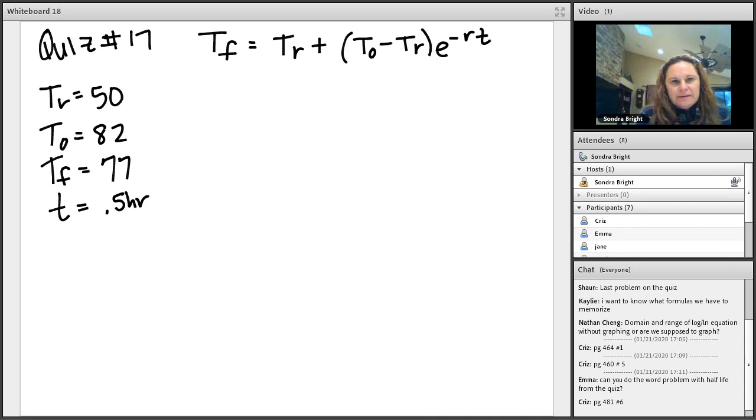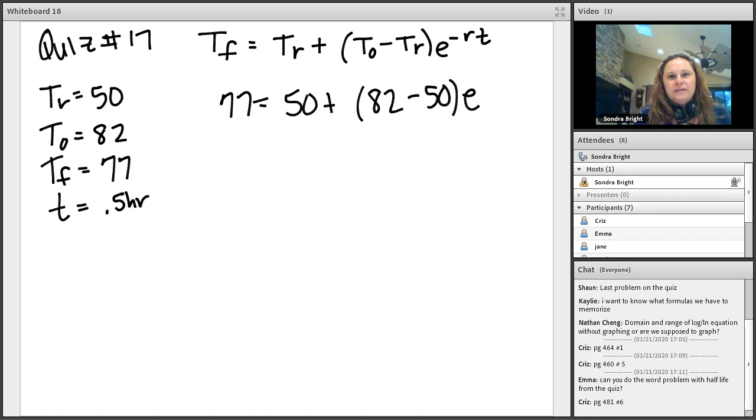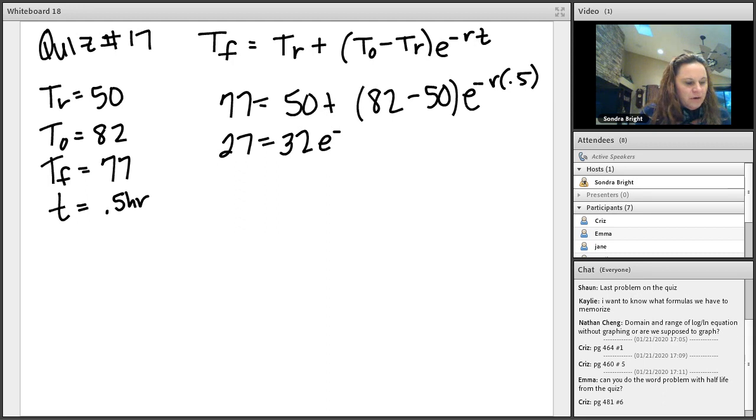Anyway, so we plug all these in. 77 is equal to 50 plus 82 minus 50 times e to the -r, which is what I'm trying to solve for here, times 0.5, which is what I used for the time. So that'll give you 27 is equal to 32 e to the -0.5r.